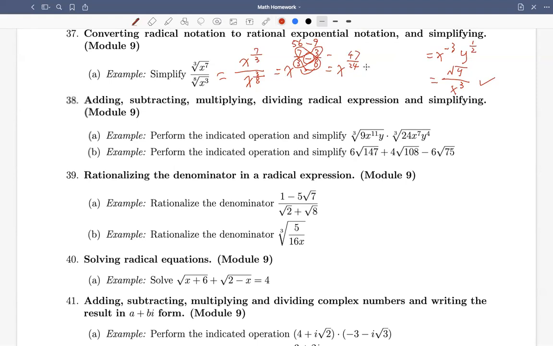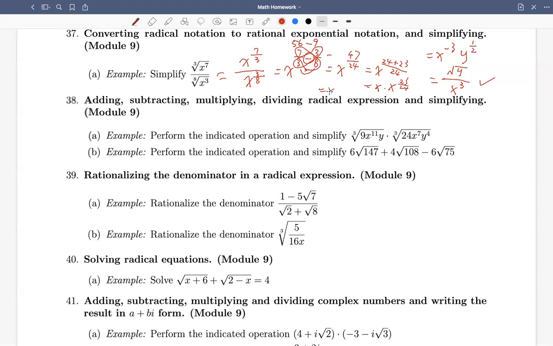If we want to rewrite this, we can rewrite it as x raised to 47, and break it into 24 plus 23, right? Then divided by 24. So we get x times x raised to 23 over 24.